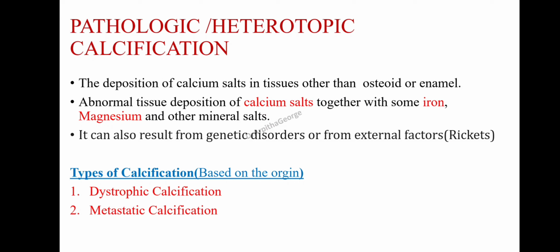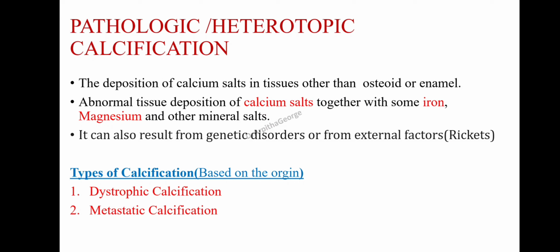It can be any tissue in our body, other than bone or enamel. Suppose the calcification happens in a bone or enamel, it is not a pathological calcification. It is a physiological mineralization. Why? Because it is normal, right? In our bone and enamel, the deposition of calcium is there.